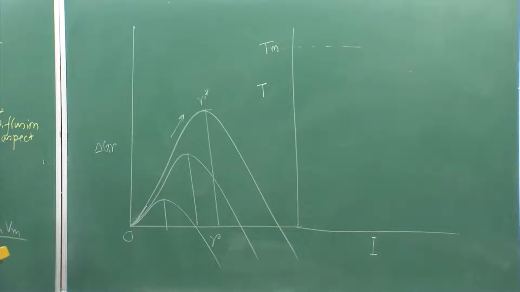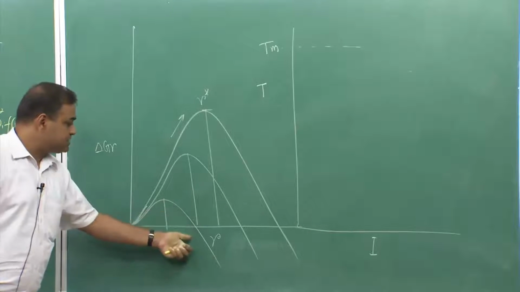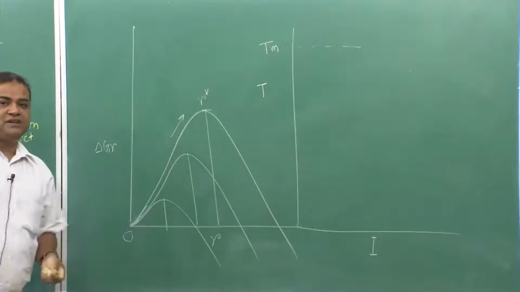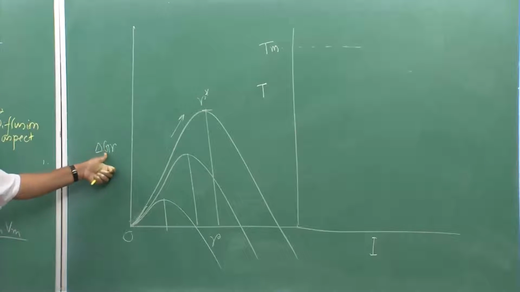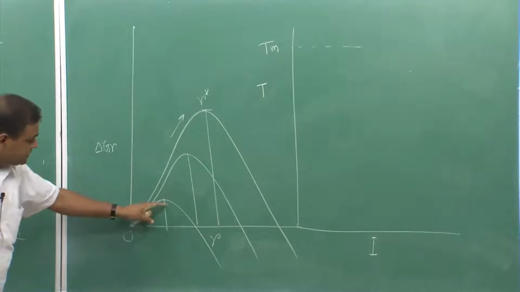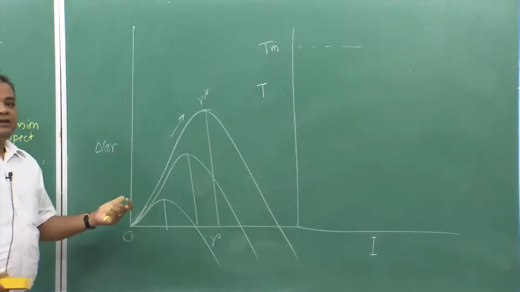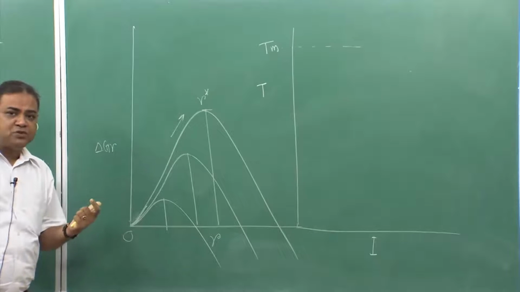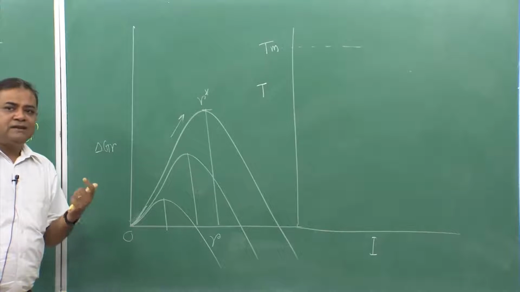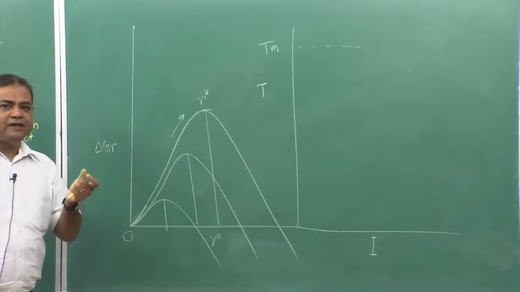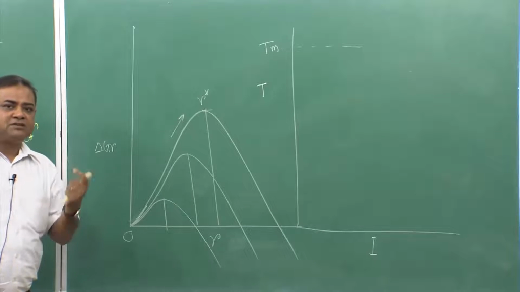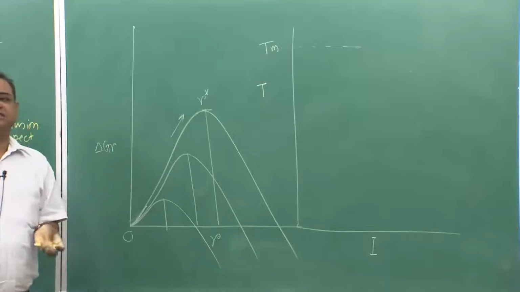Now, interestingly, we have to see what would be the temperature of those delta G R plots, because a delta G R plot is at a particular temperature. Now, as we see that R star is inversely proportional to delta T, if we decrease the temperature, R star would decrease as we have seen in the last graph.